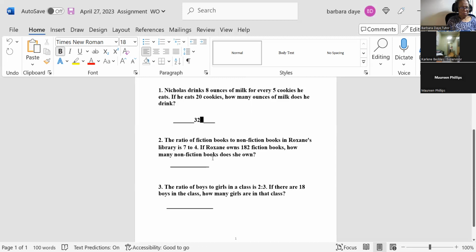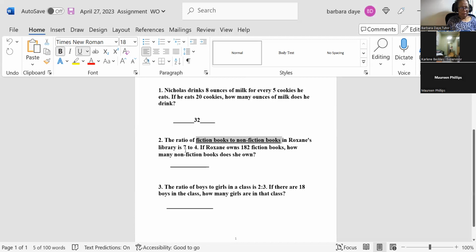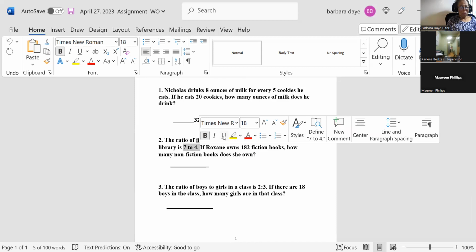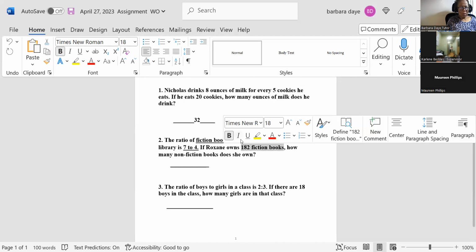I set up, like you said, the ratio of fiction books to nonfiction books. So it was 7 to 4, right? Yes. How did you set up the proportion? I set up 7 for fiction and 4 for nonfiction.